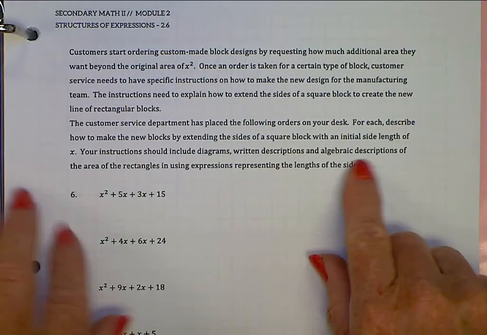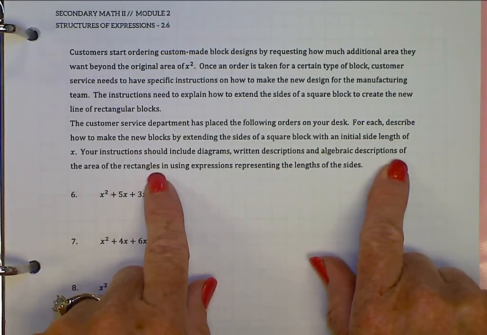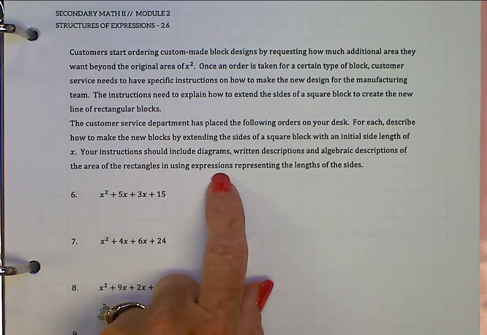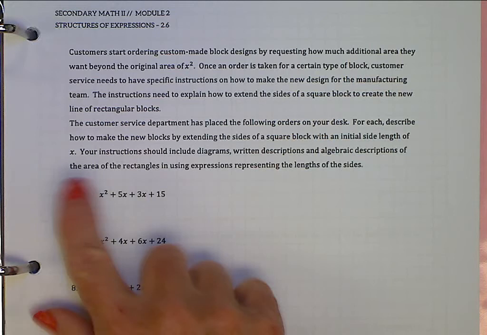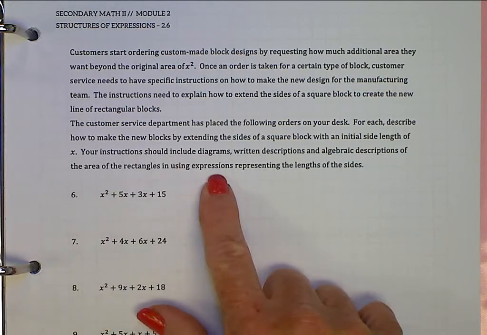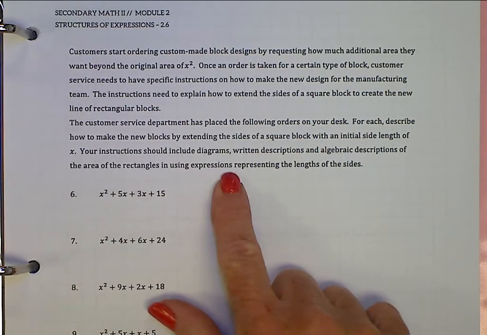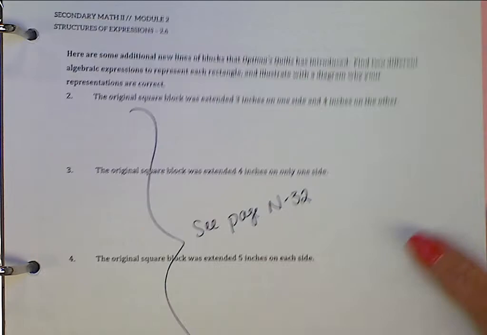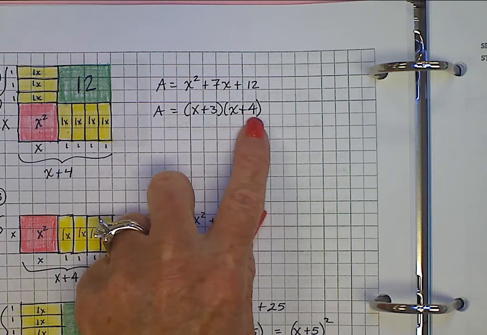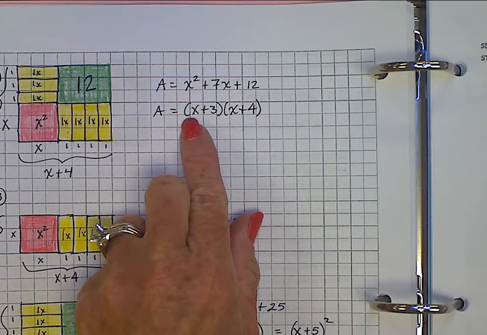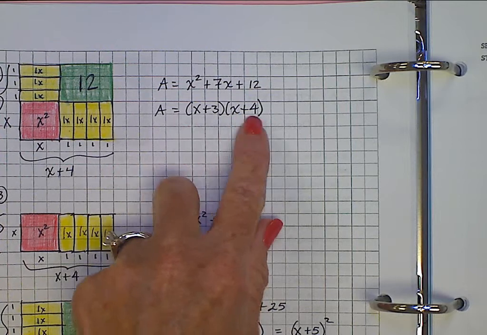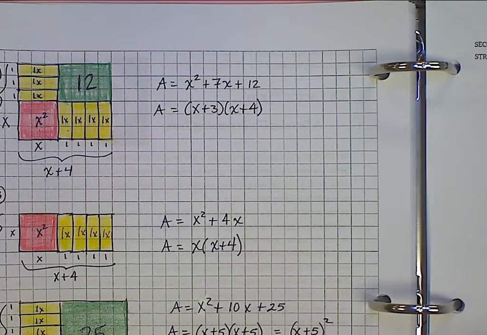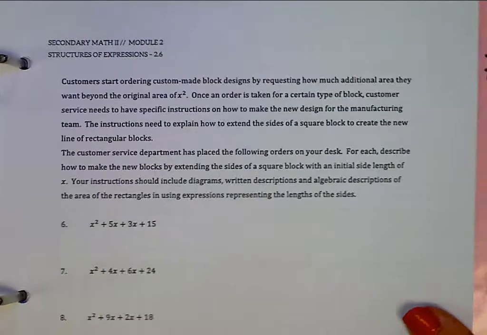And algebraic descriptions of the area of the rectangle using expressions representing the lengths of the sides. So we are going to be area using lengths of sides. So something like this. Okay, this is the area of the individual sections. This is the area using lengths of sides. Let's go back to page 33.